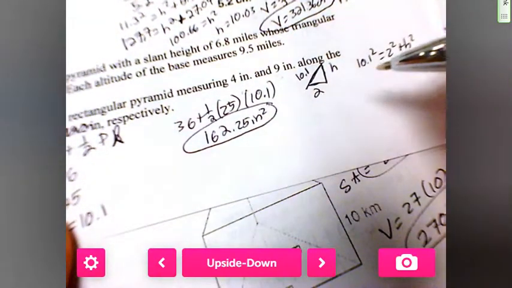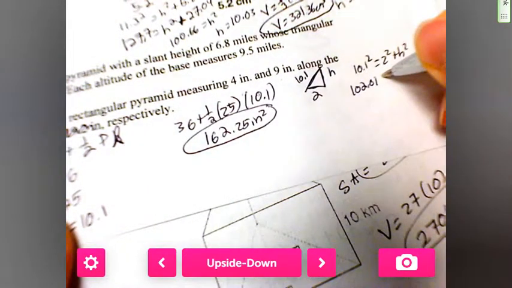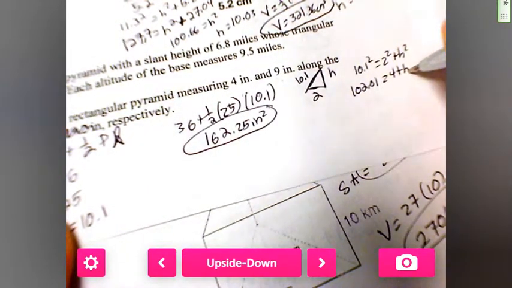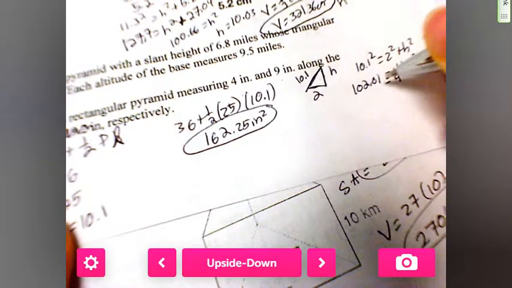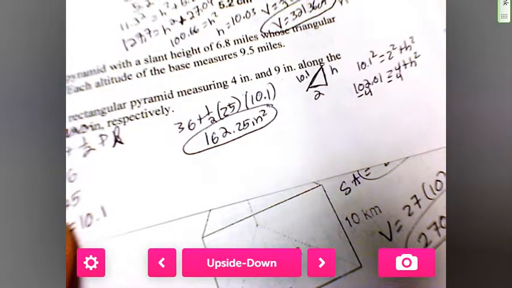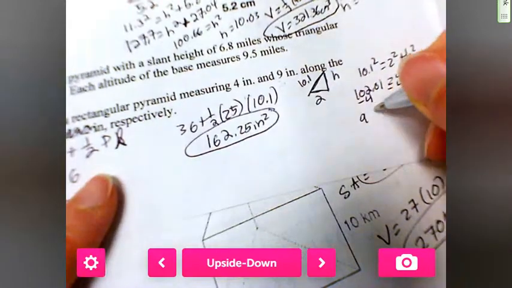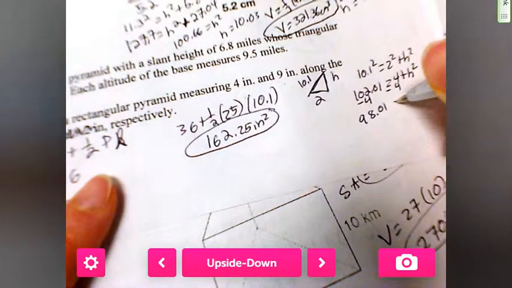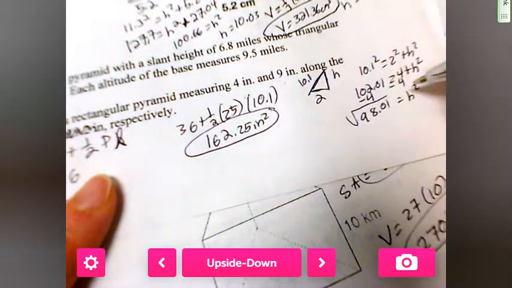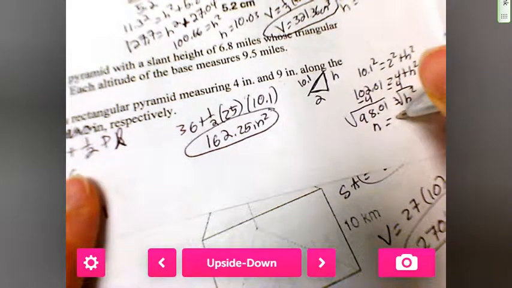So 10.1 squared is 102.01 equals 4 plus h squared. I'm going to subtract 4 from each side, giving me 98.01. And then I'm going to square root both sides. So then my height equals 9.9.